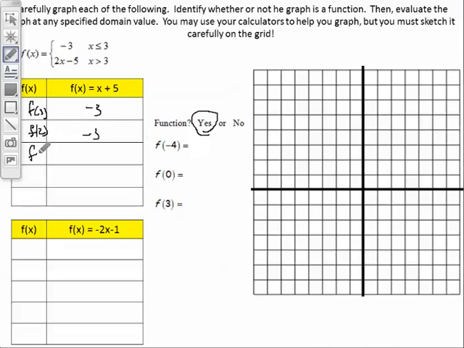At f of 0, we're going to get a value of -3. Boy, that is a boring function. So let's see here. Starting at f of 3, go down 3, because my y value is -3. 1, 2, 3. I'm going to have a solid point right there at 3, and it's going to be a line going this way.